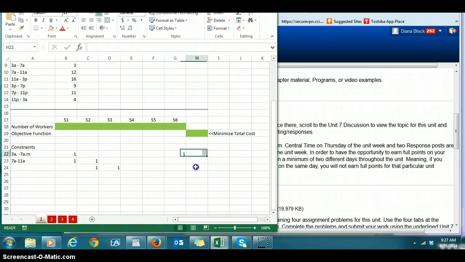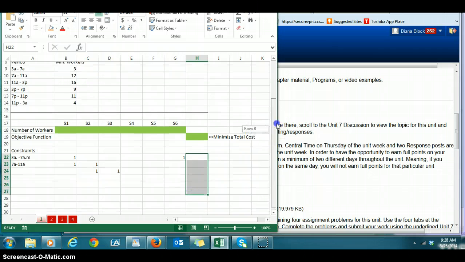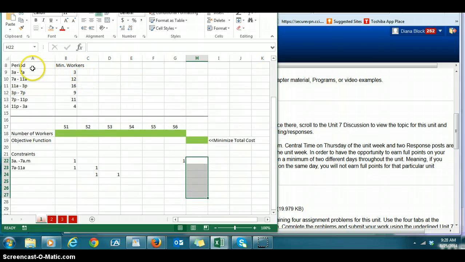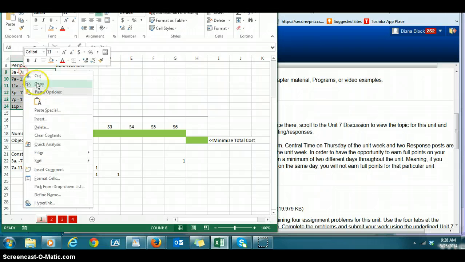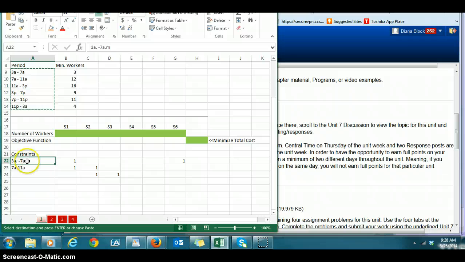You'll get all your sum products here. Then in this area, it tells you for each 4-hour period what the minimum number of workers is. For each 4-hour period. See, these numbers correspond to what you will have down here. So you could even just copy them, that way you don't have to retype. So now you've got them down here.